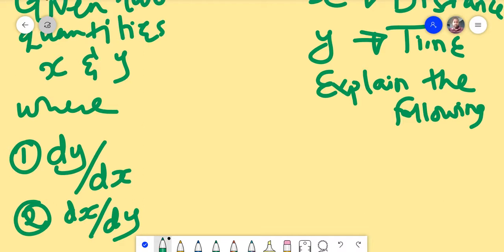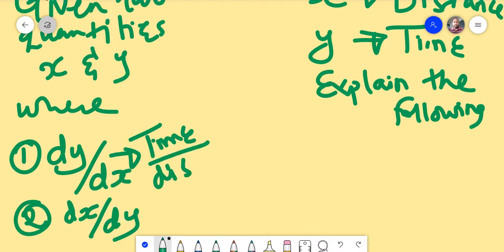Okay, thank you. So the first one. Now, our question tells us that quantity x is distance and quantity y is time, isn't it? So when quantity x is distance, that means that this first one is time changing.